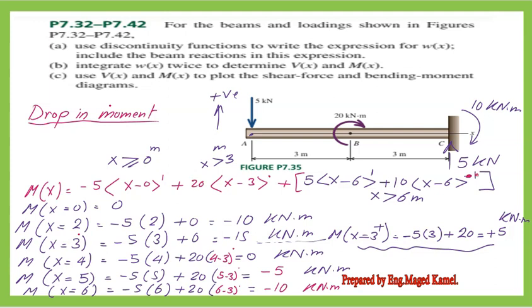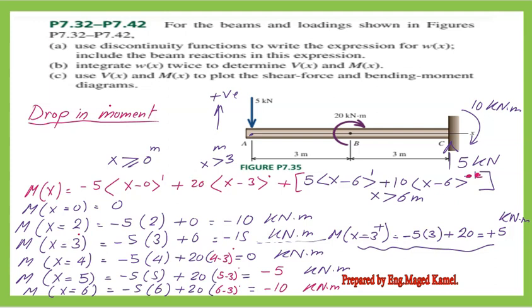But the third and fourth items will be disregarded. The moment value at x equal to 0 equals minus 5 by 0, equal to 0. M at x equal to 2 equals minus 5 multiplied by (2 minus 0) raised to the power of 1.